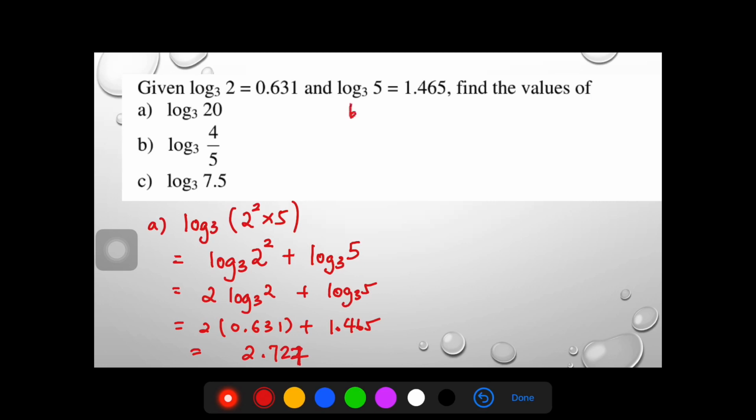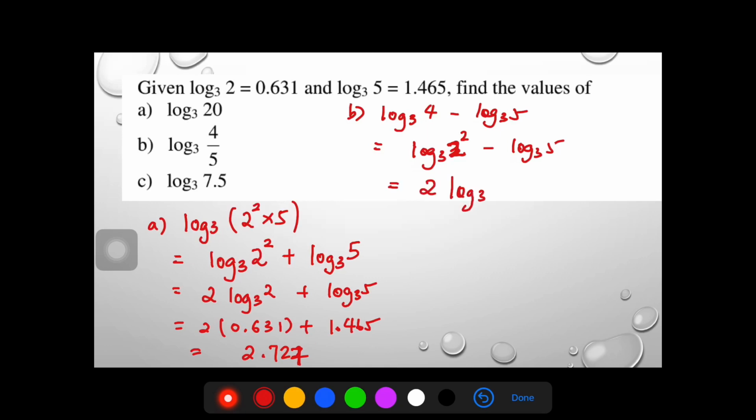B, log base 3, 4 over 5. So we can write as log base 3, 4 minus log base 3, 5. Okay, 4 also can be written as 2 square, minus log base 3, 5. And it will become 2 log base 3, 2 minus log base 3, 5.